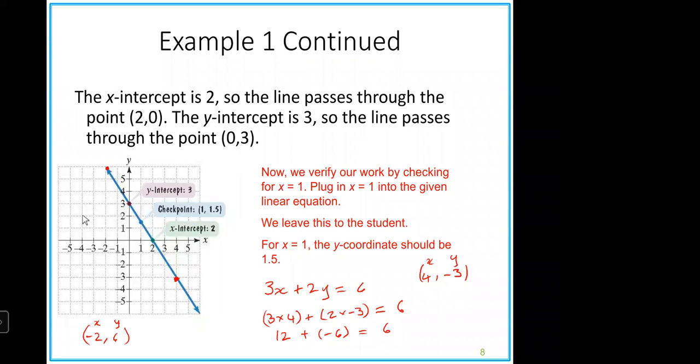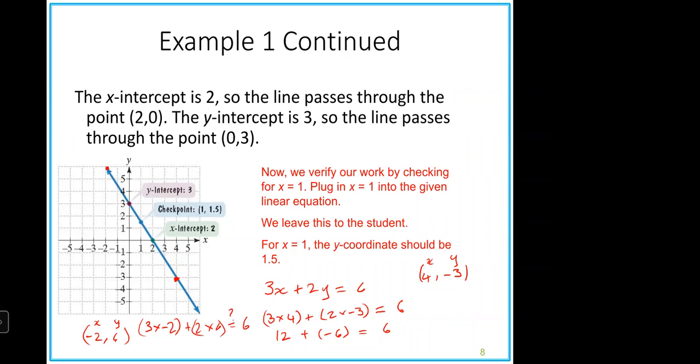I said that this point here, -2, 6, is on the line. That's one of the points on the line. So I wanted you to plug that -2, 6 into the equation, which is 3x plus 2y equals 6, to see if it worked. So basically you would say 3 times -2 plus 2 times 6 to see if that equals 6.